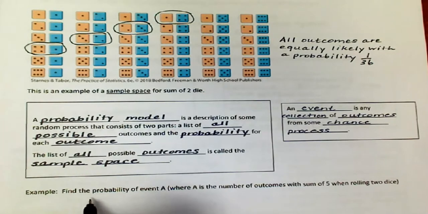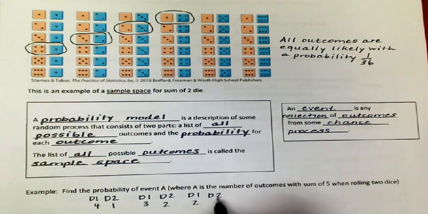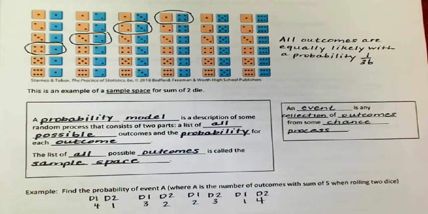Well, I could roll the first die and then the second die, and I get a 4 and a 1, and then I could get a 3 and a 2, and then I could get a 2 and a 3, and then lastly I could get a 1 and a 4. So there's 1, 2, 3, 4. So the probability of A is going to be 4 out of 36.